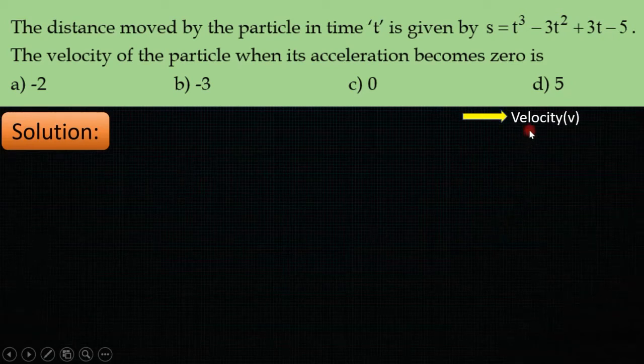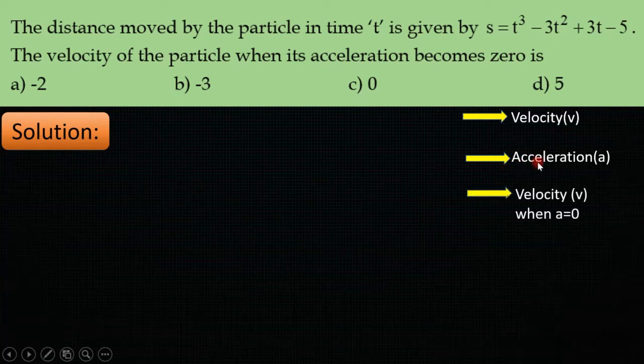Here we find the velocity and then we find the acceleration. Now we find the velocity when a = 0. Let us start the solution.